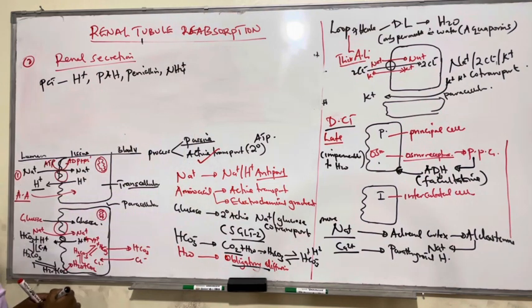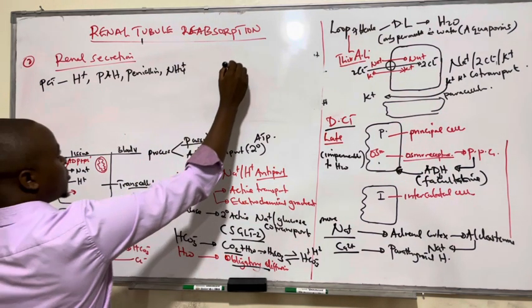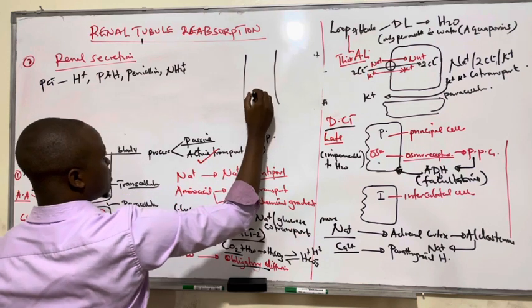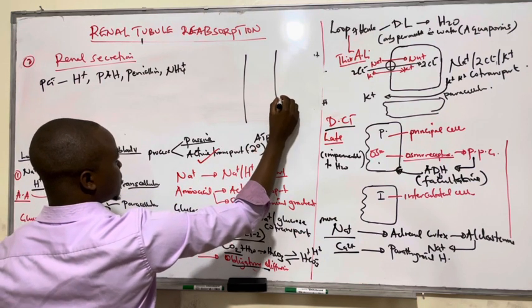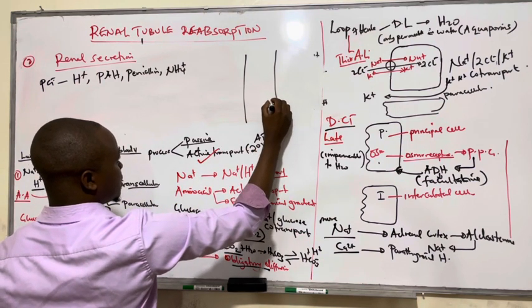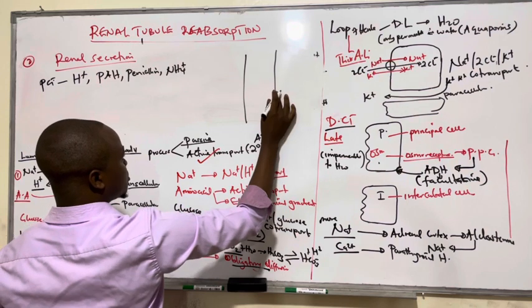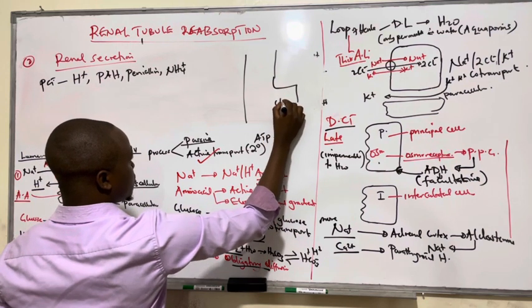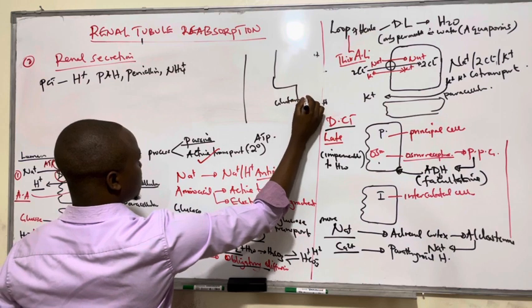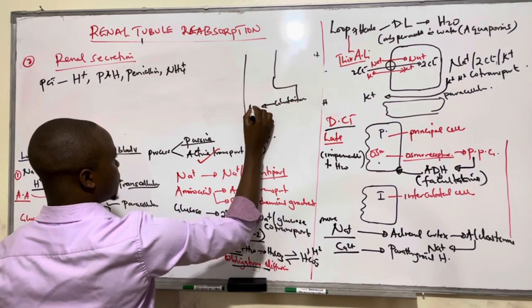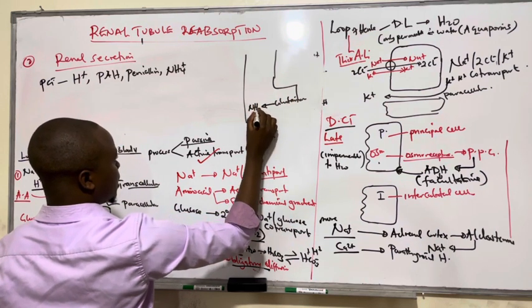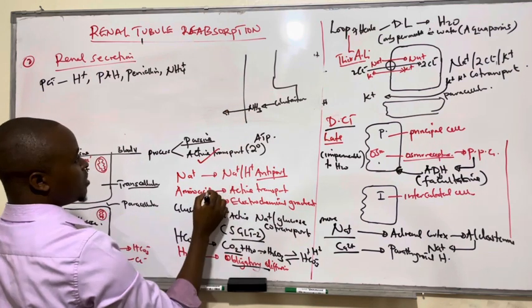And how is ammonia secreted? In the tubules, we have glutamine. Glutamine is deaminated in the tubules, producing ammonia. And this ammonia diffuses into the lumen.